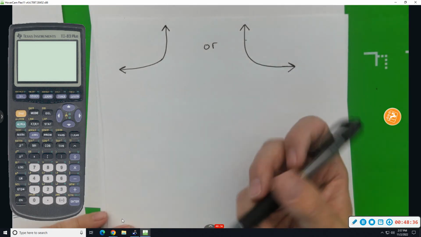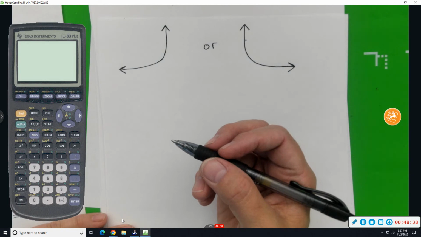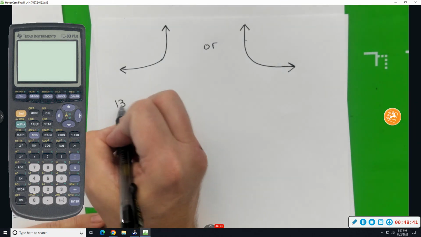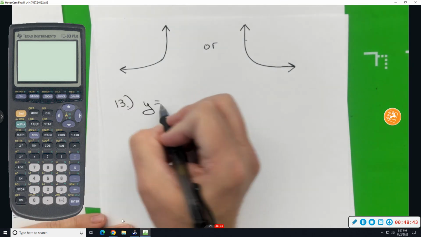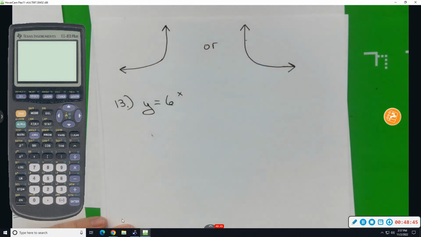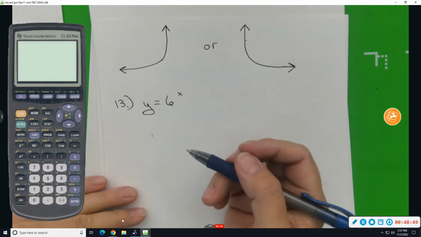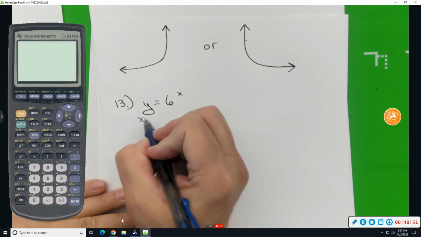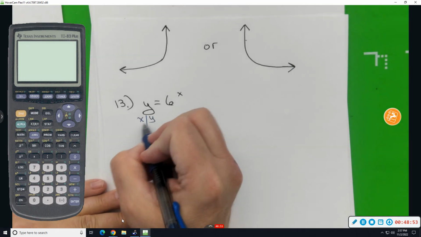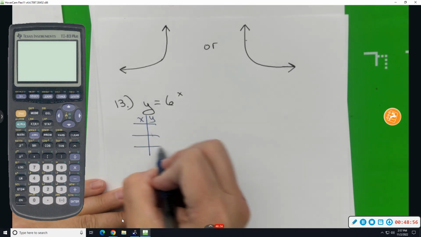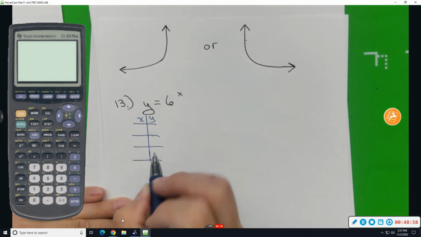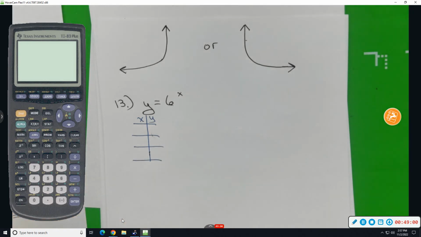But either way, for the graph of an exponential function, you expect a steep side and a flat side. So with that in mind, looking at number 13, they want us to graph y equals 6 to the x. I'm going to make a table of values, and I think I'm only going to use 3 x values.